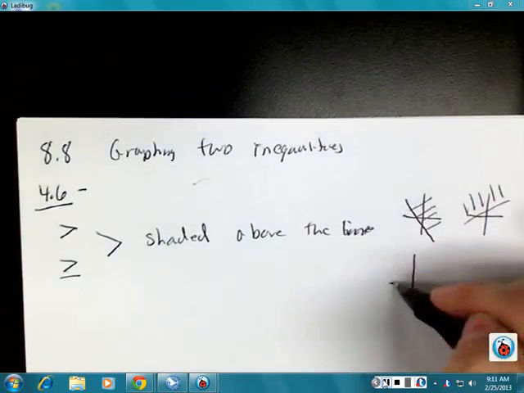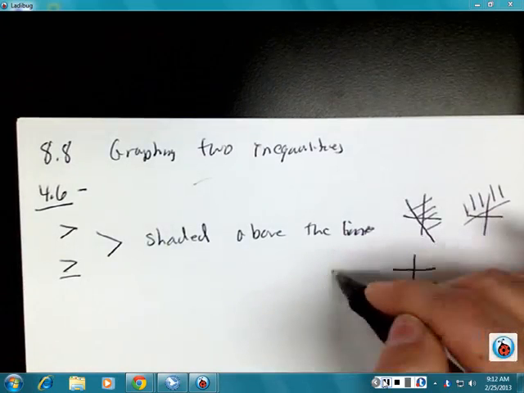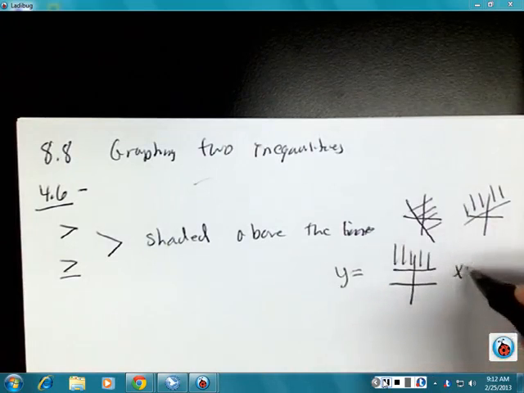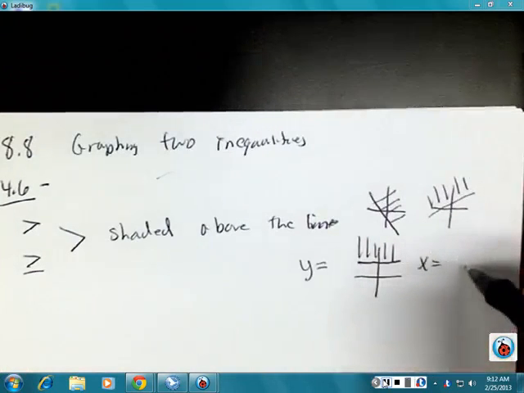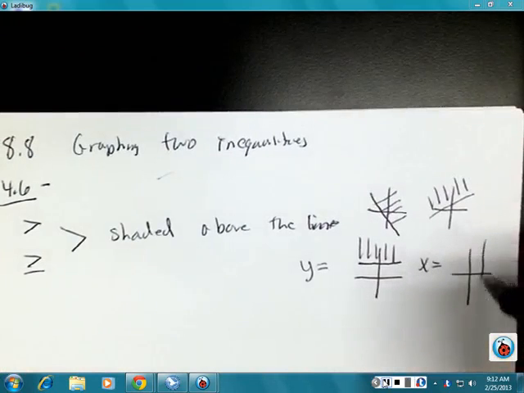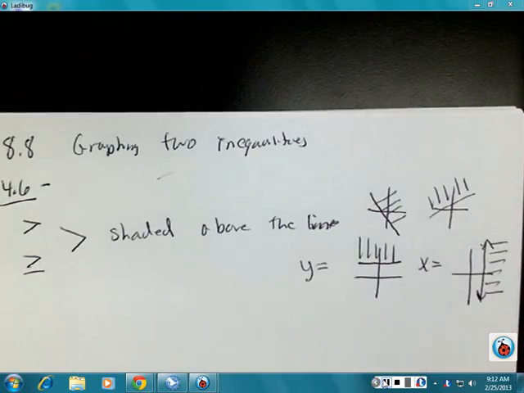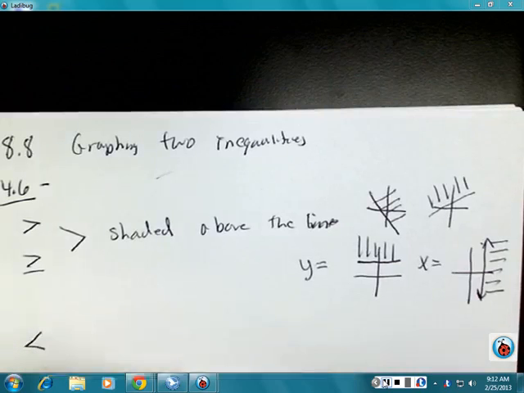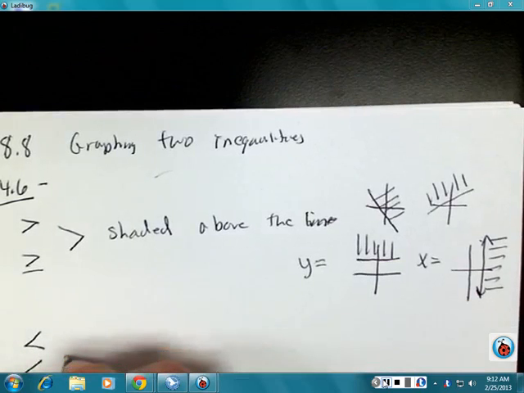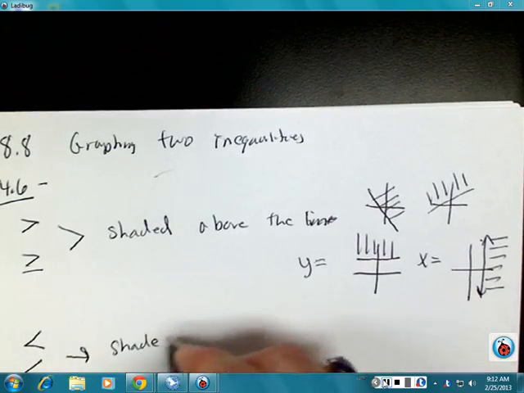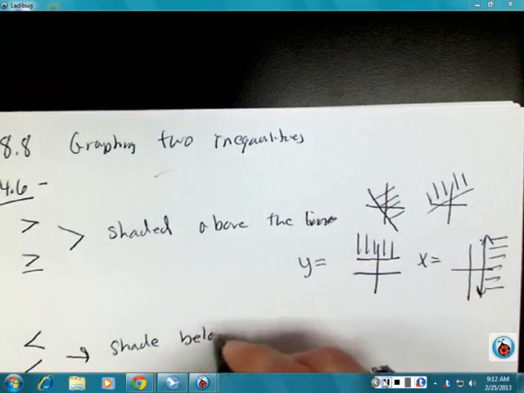And if you have a y equals some value, you would shade above the line. If you had x equals some value, that was where our line went up and down. Above the line is to the right of the line, okay? That makes sense? If you have less than or equal to, then you shade below the line.